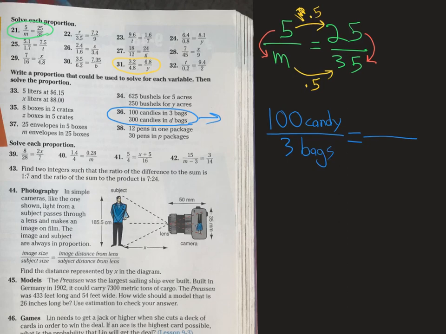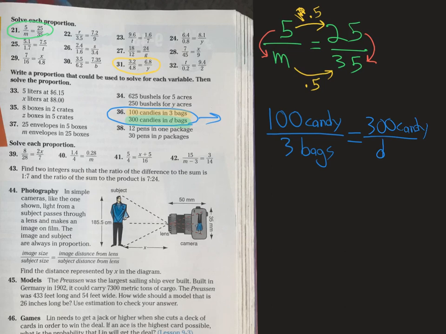So there's my first proportion here, 100 candies in 3 bags. I'll put the other one on the other side. 300 candies in D bags. So what is D?